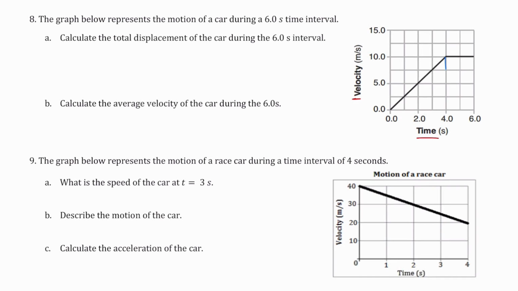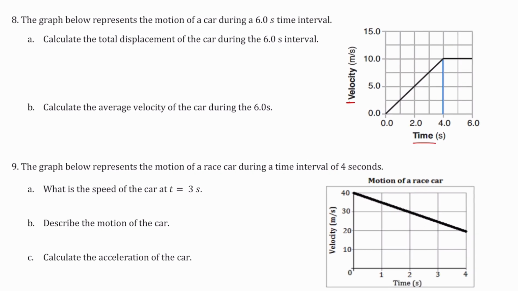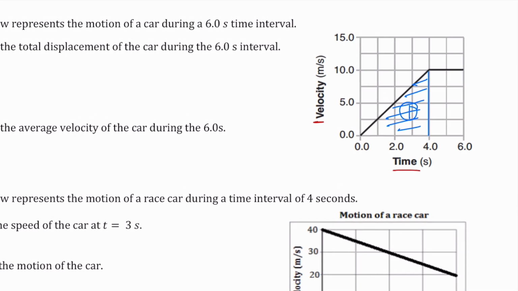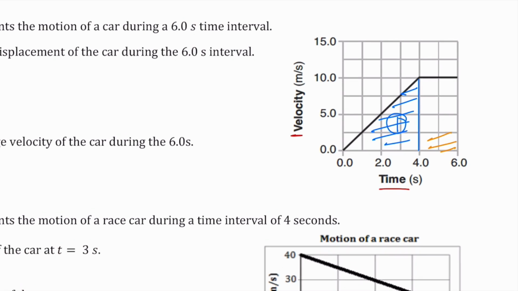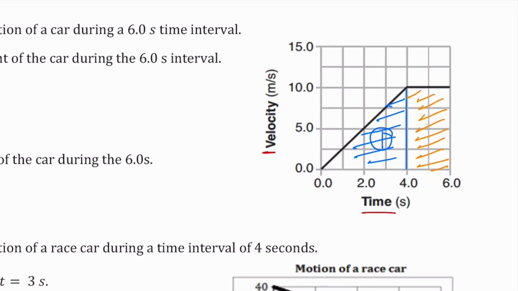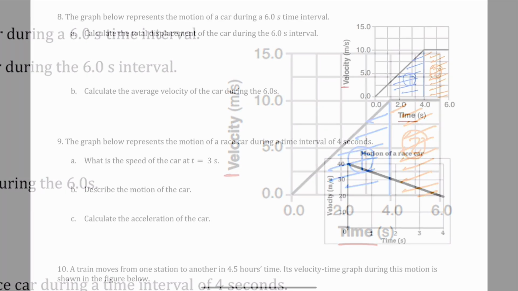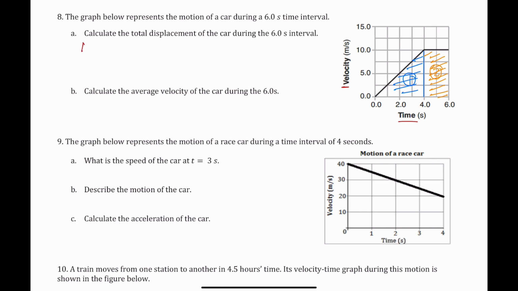So we have the first area for the first shape, the triangle, this one, and then we have the other area, area 2, which is a rectangle. So A1 equals half times base times height, equals half times the base, which is 4, times the height, which is 10, equals 20.